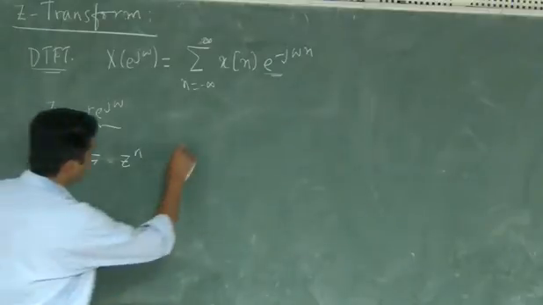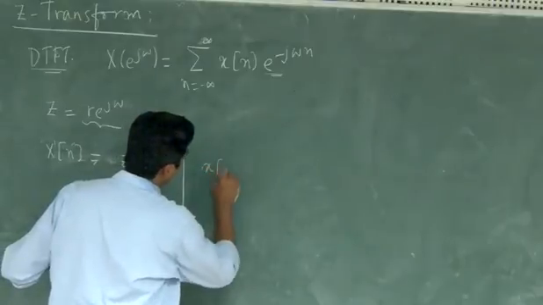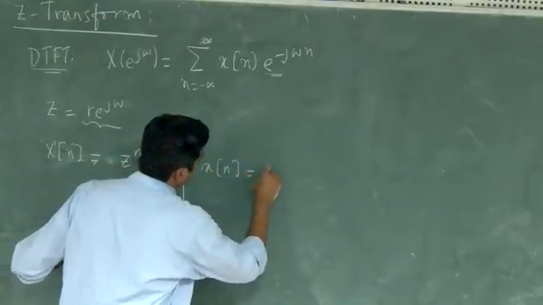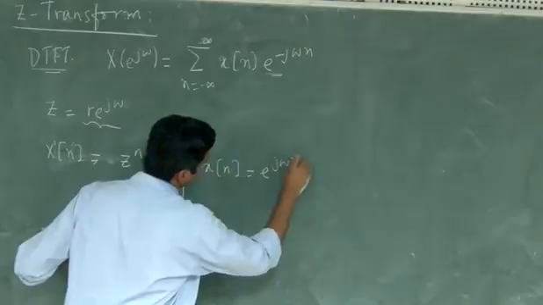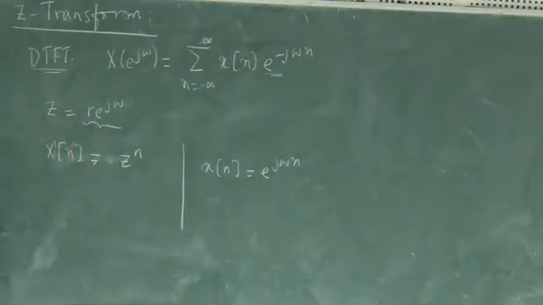If you recall, what did we do in case of DTFT? We said that our x of n, right? Do you recall that? Okay. So now let's do something similar here, and let's check if this is also going to be an eigenfunction for an LTI system. Okay? So what do you think? You think it's going to be true or not? So how did we define our y of n?